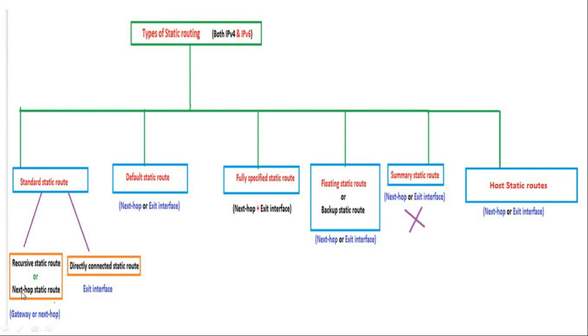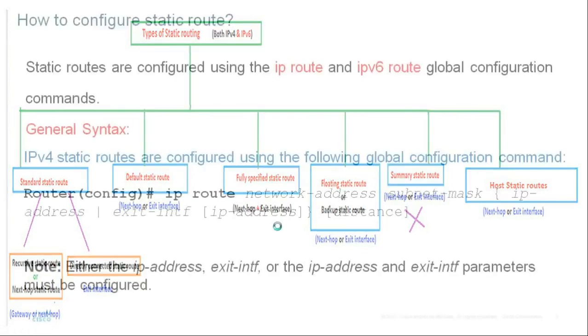In a next hop static route, we use the next hop IP address of the router, or, just for understanding, the route gateway. In a directly connected static route, we use the exit interface. In default, floating, host or summary routes, we can use either the exit interface or the next hop address based upon the question. The last one is the fully specified static route, which is the combination of both next hop IP address plus exit interface.